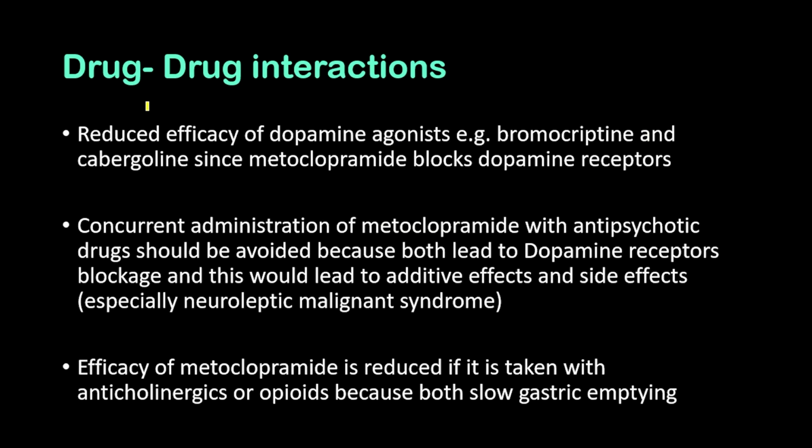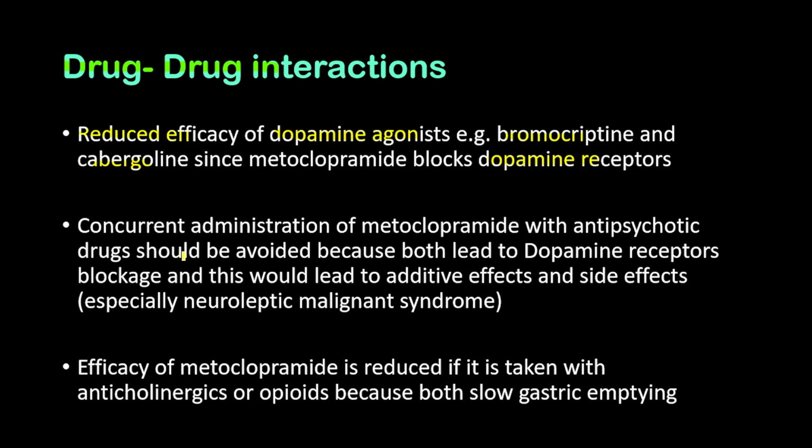Now let's talk about the metoclopramide drug-to-drug interactions. So this medication, if concurrently administered with dopamine agonist medications like the bromocriptine and the cabergoline, this would lead to reduced efficacy of these medications because metoclopramide blocks the dopamine receptors while these medications activate the dopamine receptors.